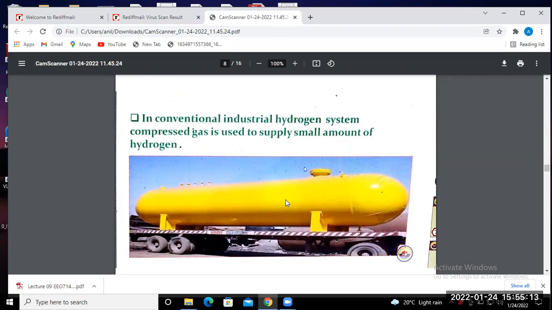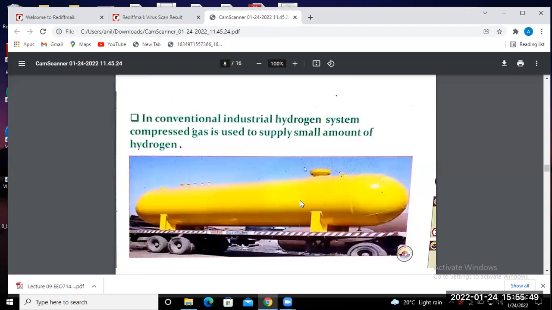So you can use this type of cylindrical structure installed on a large vehicle. If you design a cylinder to carry hydrogen gas from one place to another, the structure and material cost is also one of the key factors.